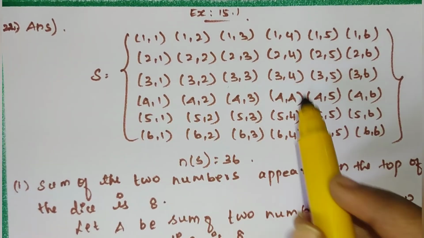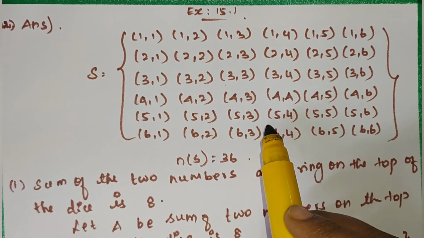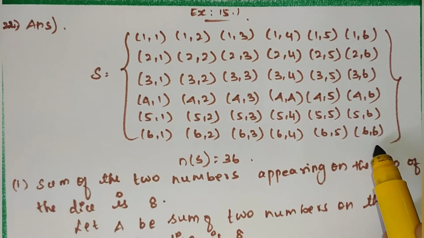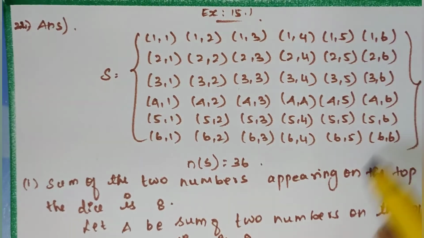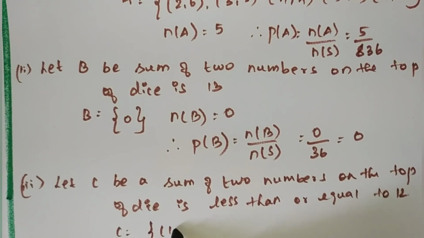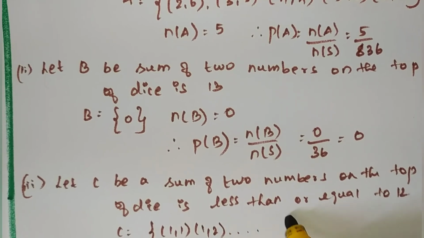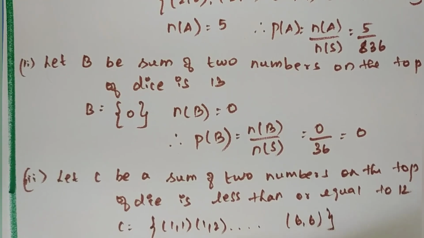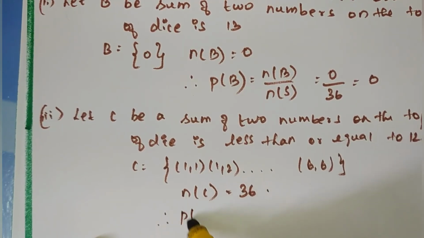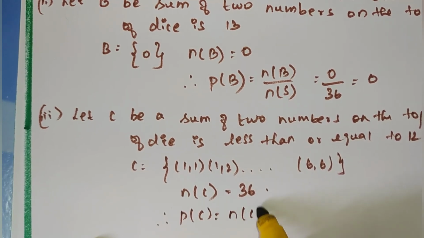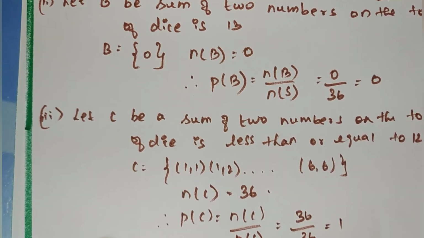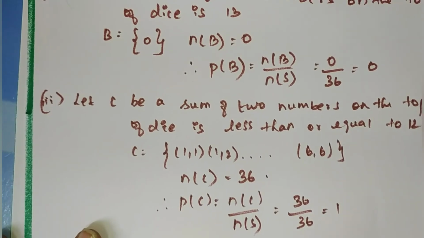So if you add all the numbers, you will get less than 12 only. So (6,6), you can take equal number also. So you can take all the possibilities. Okay, so everything you can write here: (1,1), (1,2), up to (6,6). So totally 36. Clear? Therefore, P of C is equal to N of C divided by N of S, 36 divided by 36 is equal to 1. It is a certain event. It is equal to 1.